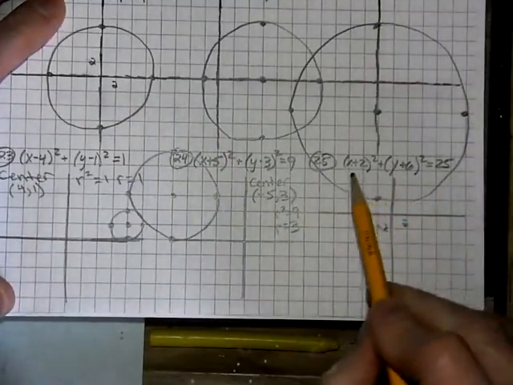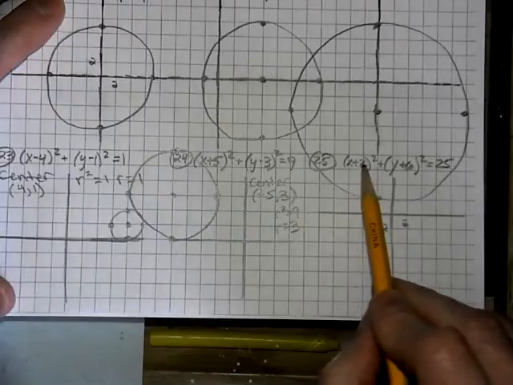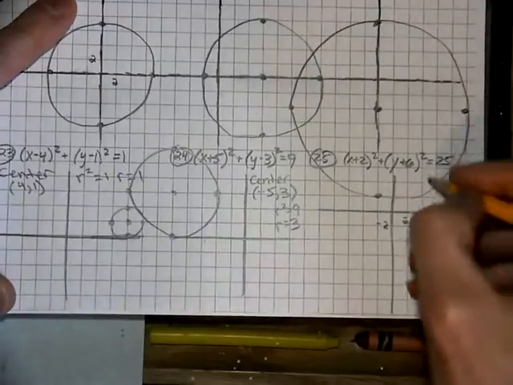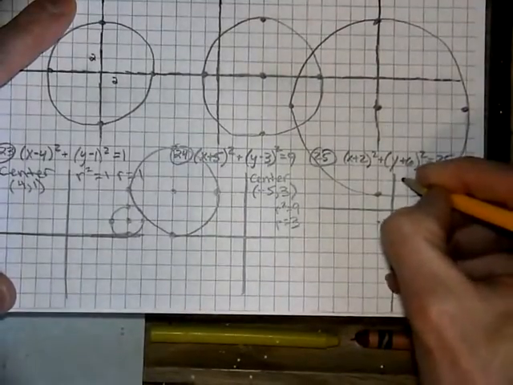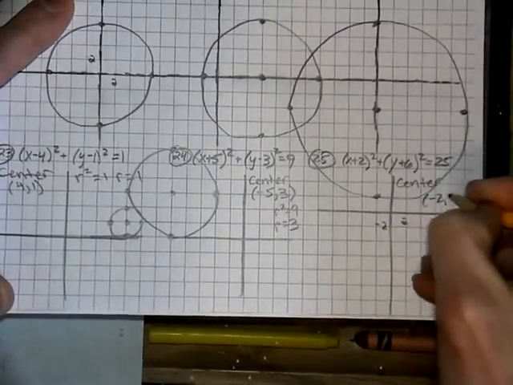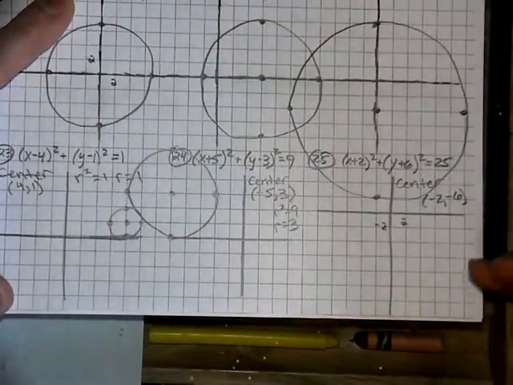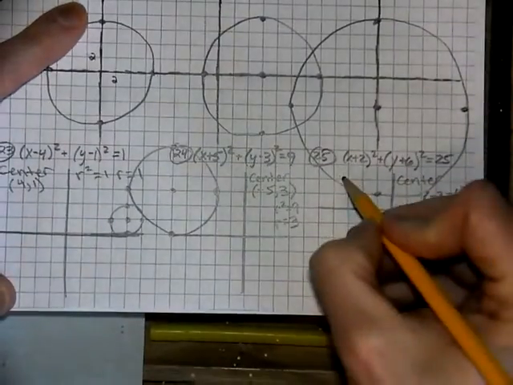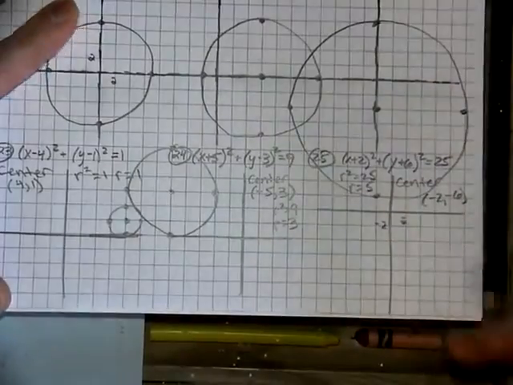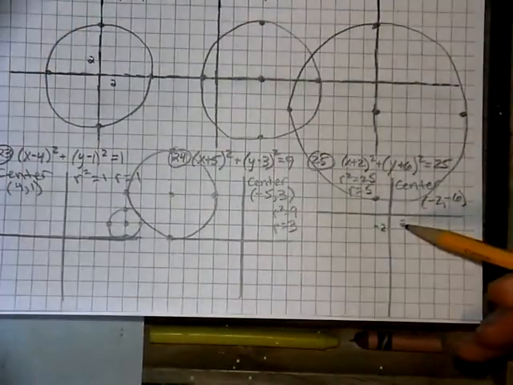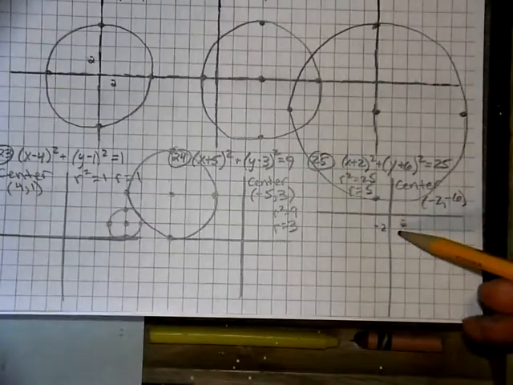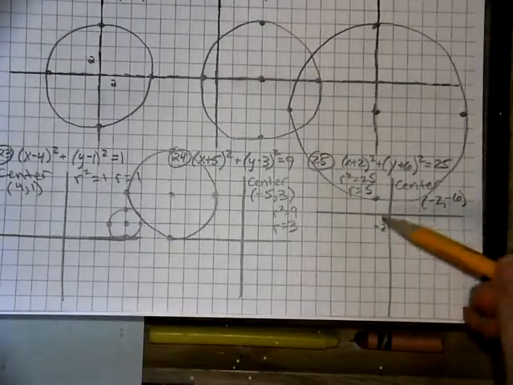This last one has a center at -2, -6. It has a radius of 5. R squared is 25, so the radius is 5. On this scale, notice that each bar is going by 2, and going down by 2s.